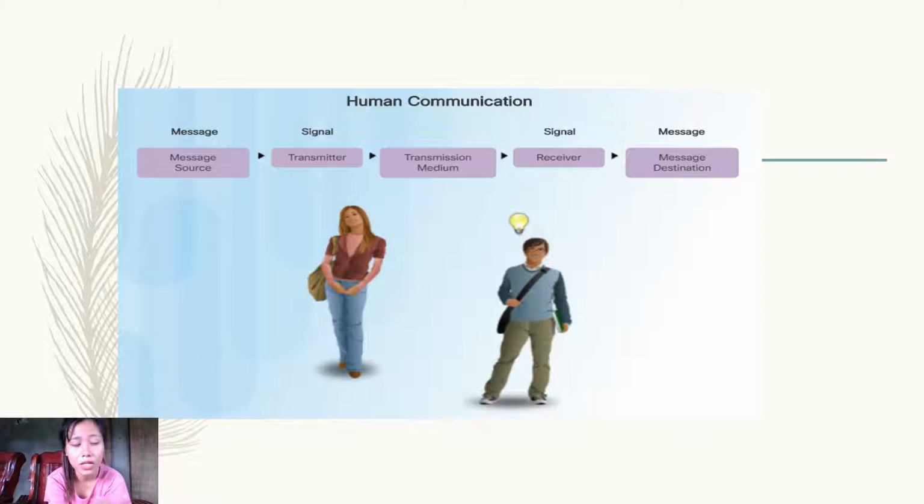This is human communication. As you can see, we have here the message source to transmitter, which is the signal, and then the transmission medium, signal, which is the receiver, and then the message destination. So it's also like in the computer but in human communication.